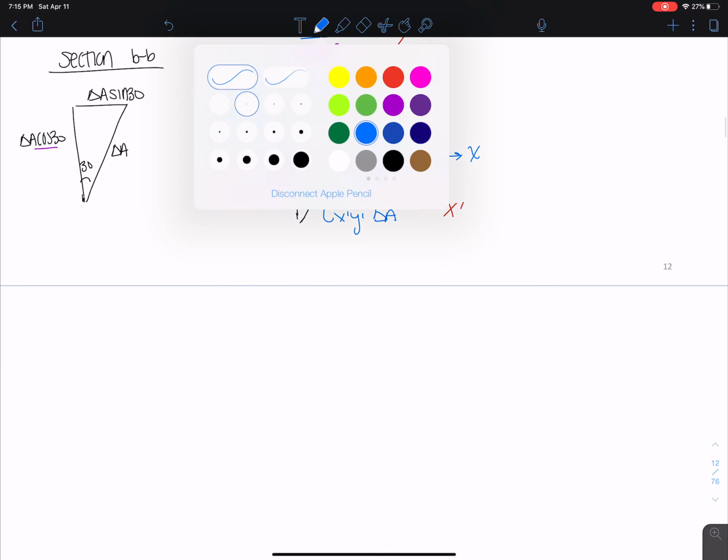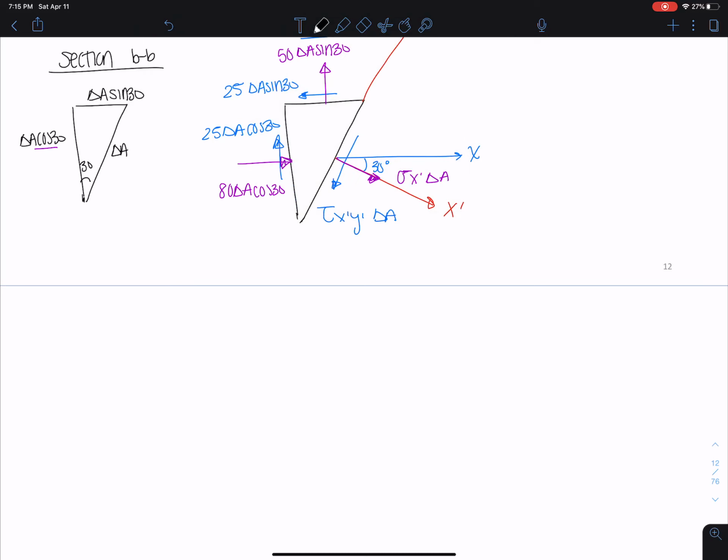Same thing that we did before. Summation of forces in the x prime direction are equal to 0.